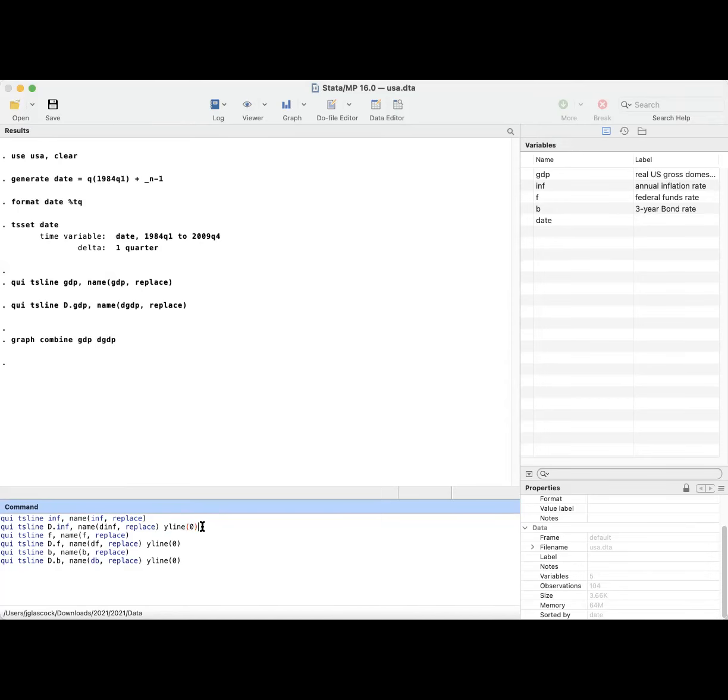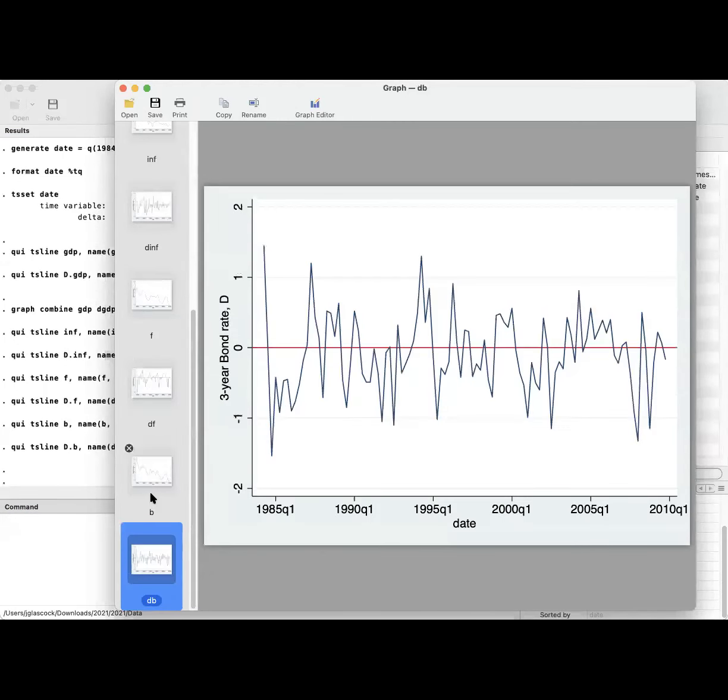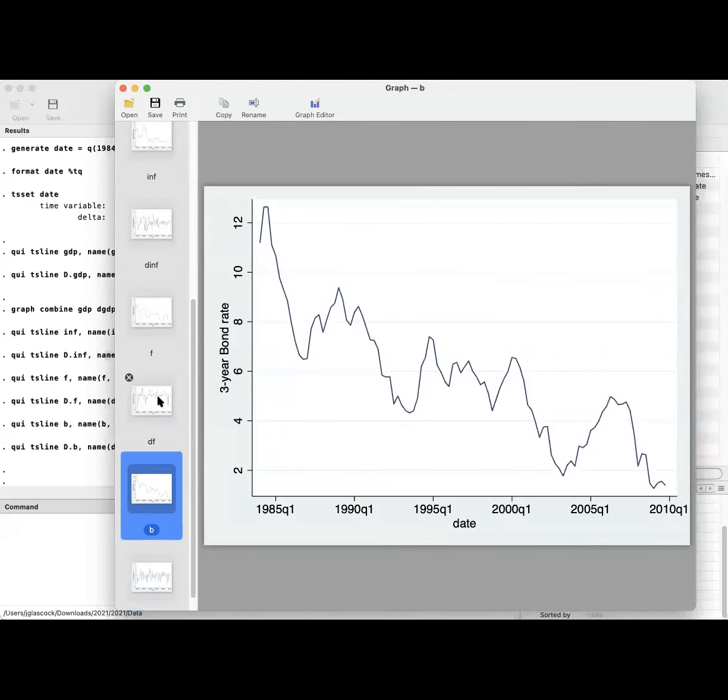This basically means I would like to draw a horizontal line at the point where y equals 0. I did that because I wanted to find out whether the mean is fluctuating around the 0 line or not. So let's submit all those lines. Individual charts are generated over here.